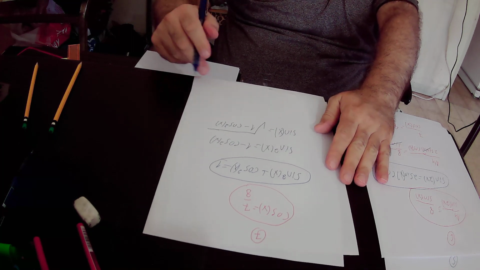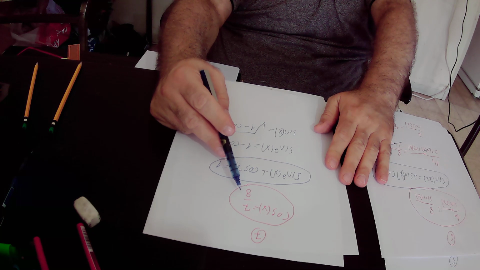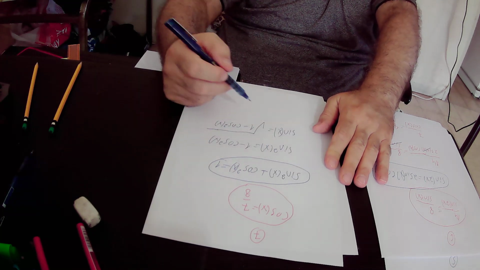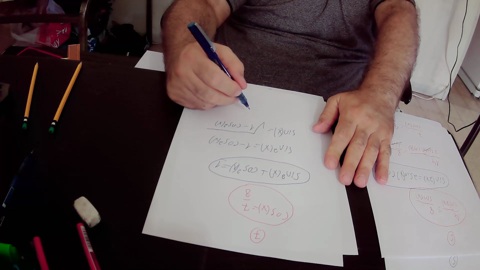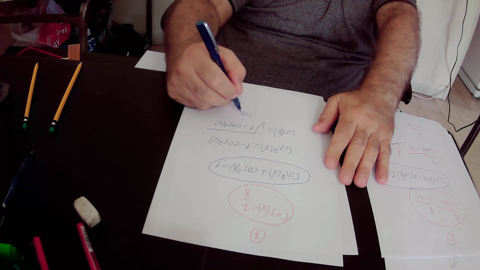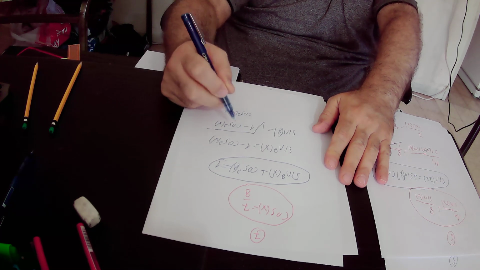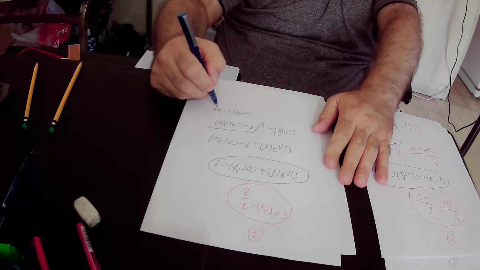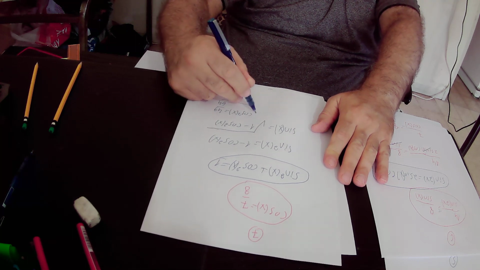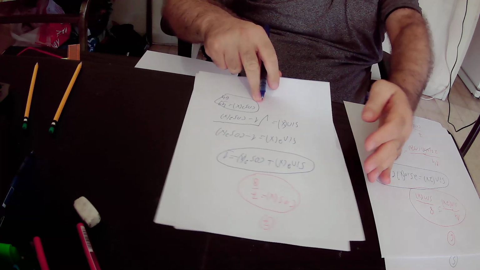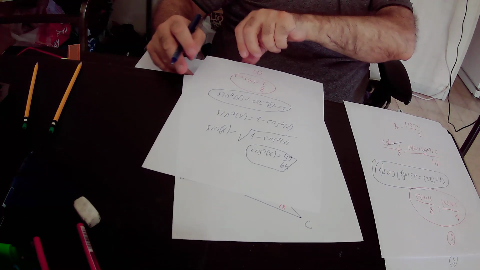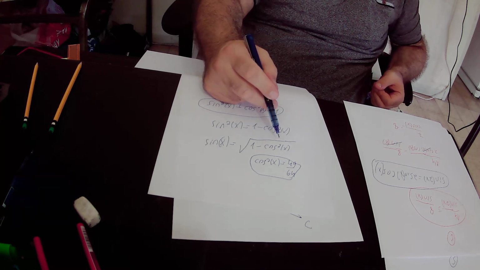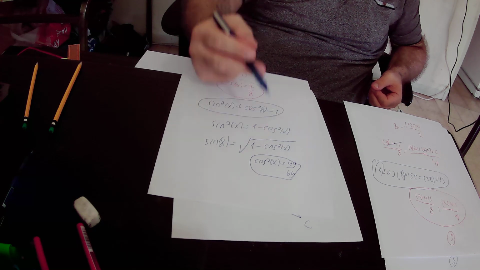Okay, we know that cosine x equals 7 over 8, so we can square this equality in order to get the value of cosine square x. Cosine square x will be equal to 49 over 64.